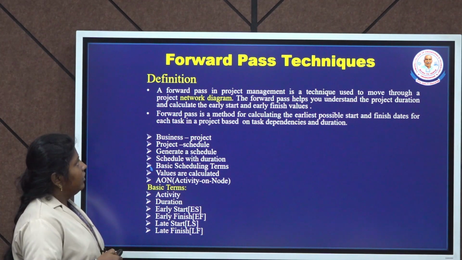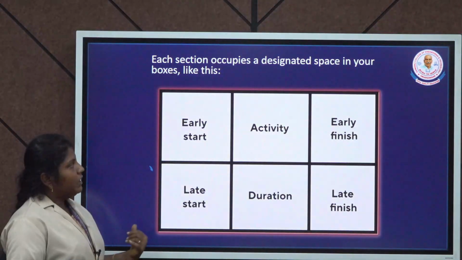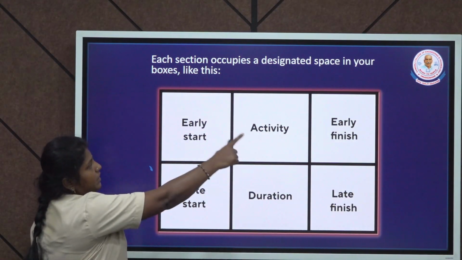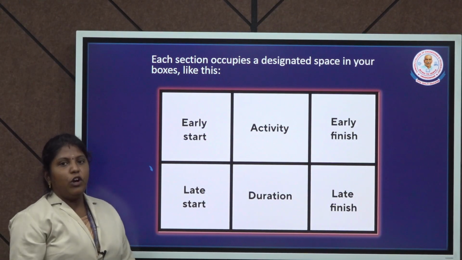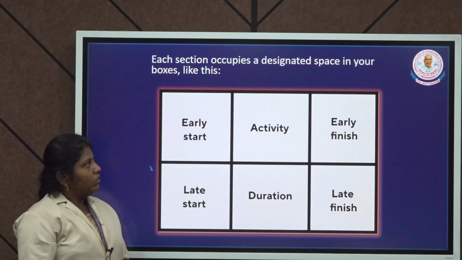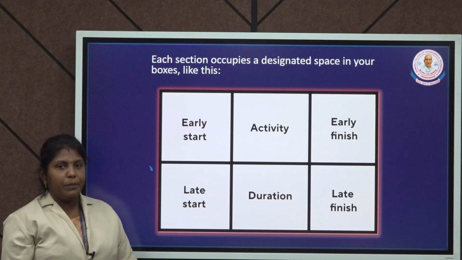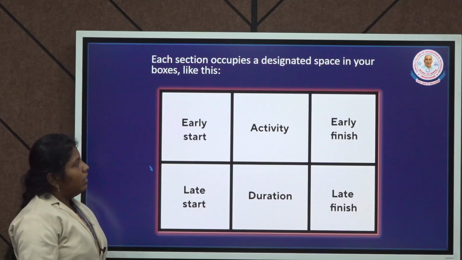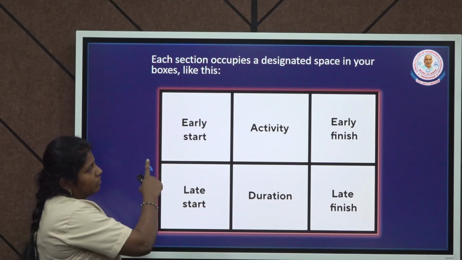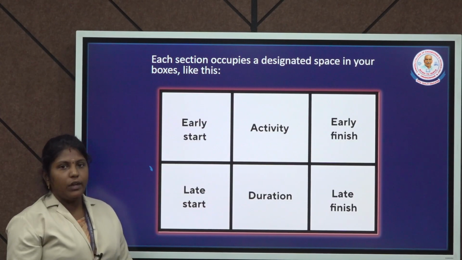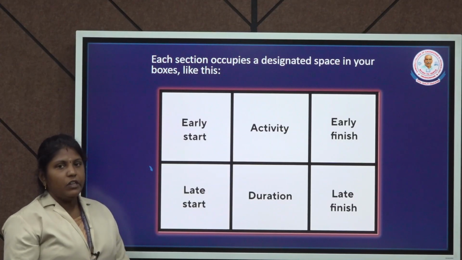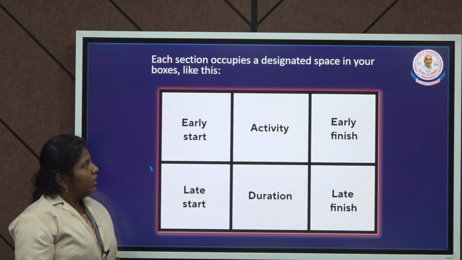Now, let us see the node representation of the forward pass technique. In this diagrammatic representation, you can see it is divided into six quadrants, and each quadrant holds a specification of the project scheduling.